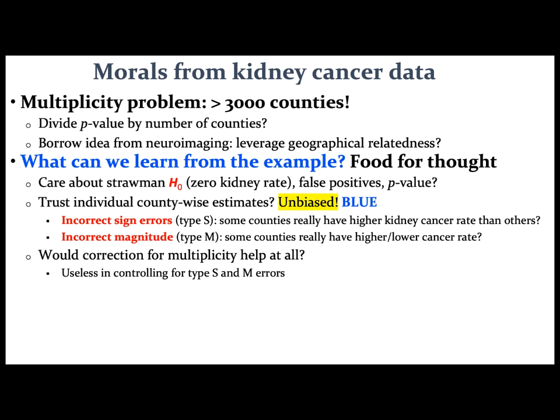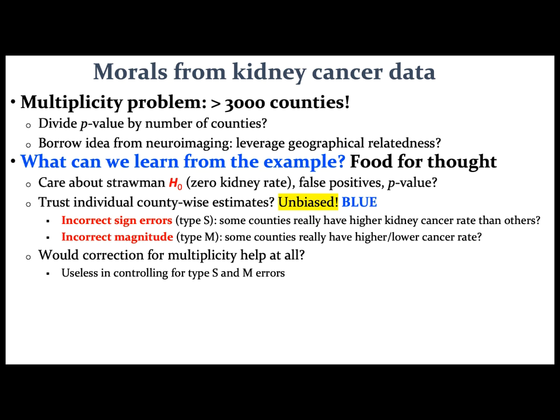I call that the type S error, so maybe we need to take care of that. The second mistake is that we may overestimate or underestimate the kidney cancer deaths. Those two types of errors we care about more than the so-called p-value, the false positive or false negative. So we're changing our focus.